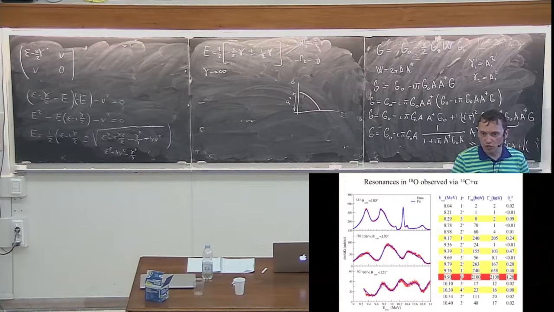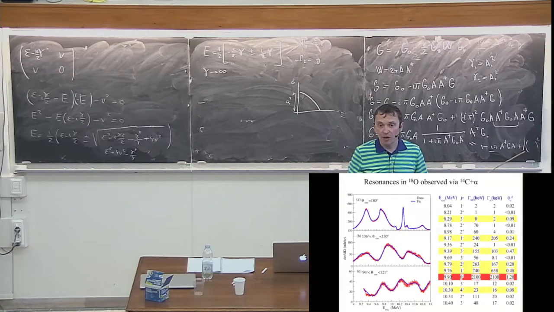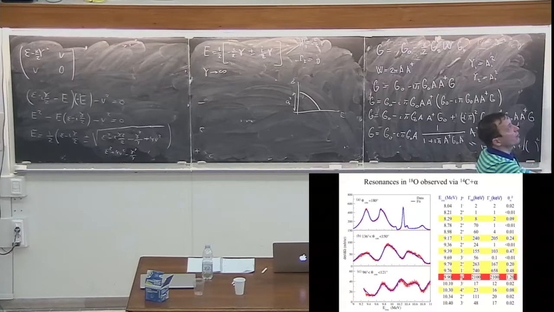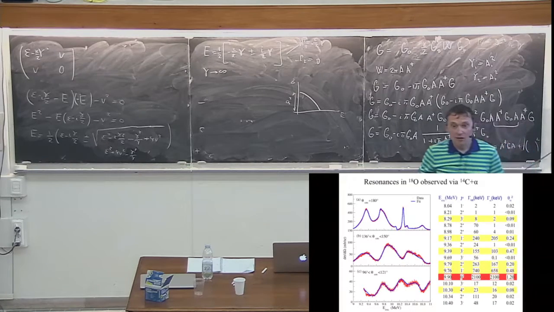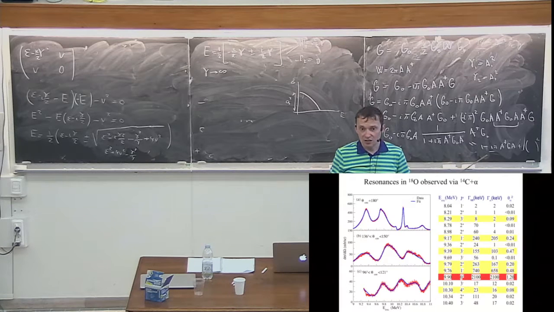And you take the ratio, and you see if this ratio is close to 1, such as in this example, then this state saturates almost all possible decay width. Otherwise, you would expect the width to be fragmented around many states. Now, talking about realistic nuclei, carbon-14 plus alpha, oxygen-18, is an open shell nucleus, so it has a lot of states.